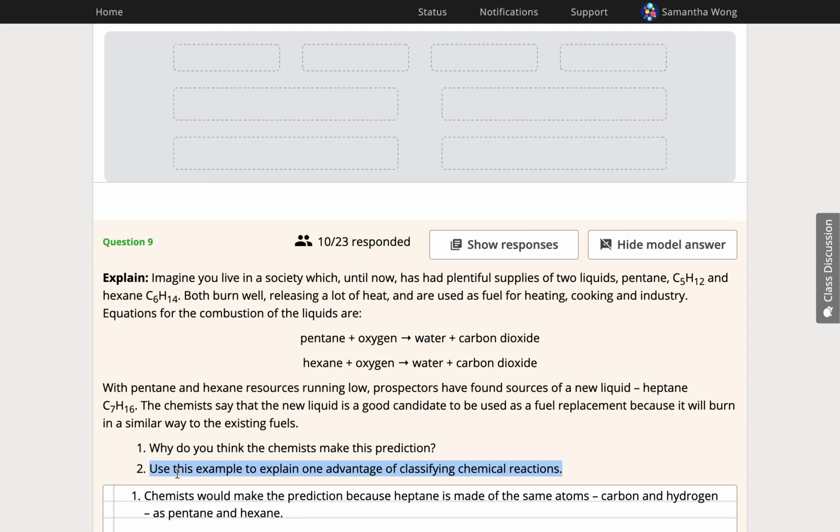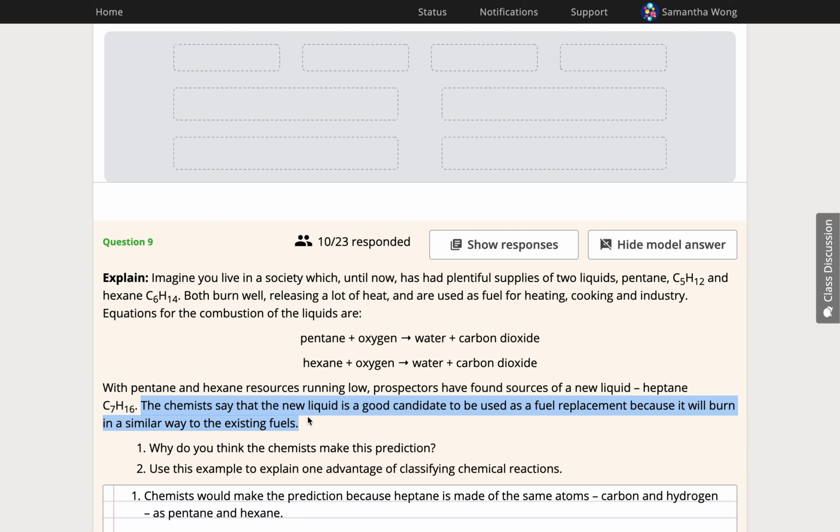Question 2 here. Use this example that we've just talked about to explain one advantage of classifying chemical reactions. Now, before you all start thinking outside of the box and stressing out, this question is fairly simple. An example of an advantage is that chemists can actually make these predictions by being able to classify chemicals into different groups and different reactions into different groups.